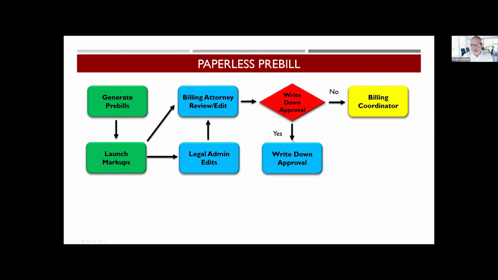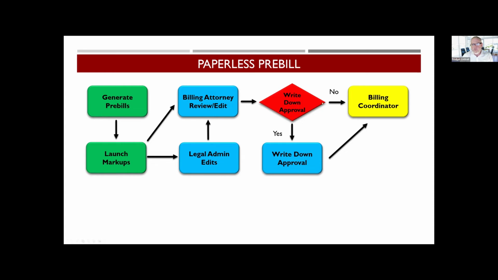If a write-down approval is required, it would go to whoever needs to review and approve that. That might be a billing manager, controller, or CFO, depending on the setup of the firm. And once that's approved, it would go to the billing coordinator.